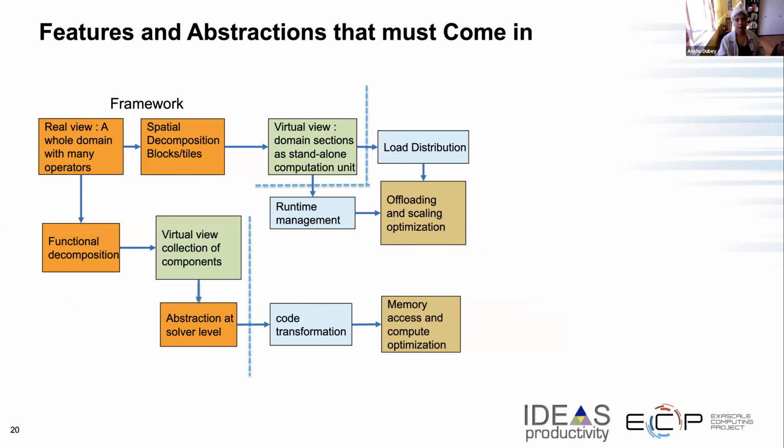If we look back at our initial decomposition, the spatial decomposition and the functional decomposition, additional things that are needed in the virtual view of the component is that we need more abstractions at solver level now, which means that it should be possible to encode the computations in a way that code transformation tools are able to specialize for specific target architectures, as opposed to having to maintain multiple alternative versions of the same code for different target architectures.